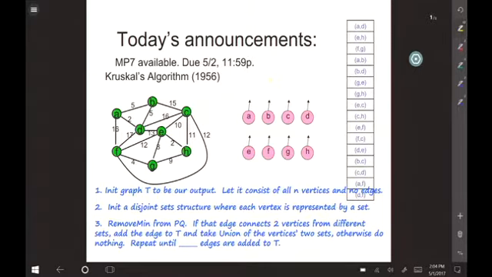Oh, I did have one question. There's a constraint on input to any minimum spanning tree algorithm that says that the input graph must be a connected graph. And my question for you is, why is that true? Why does the input graph to these algorithms have to be a connected graph? Yeah?